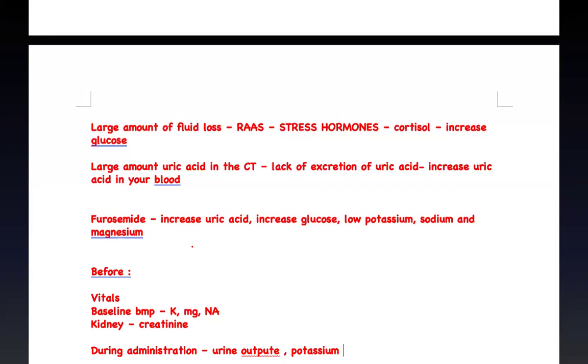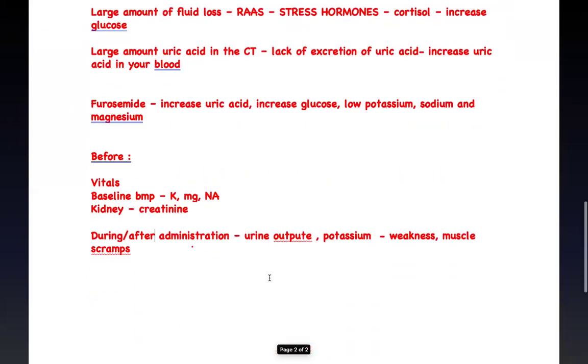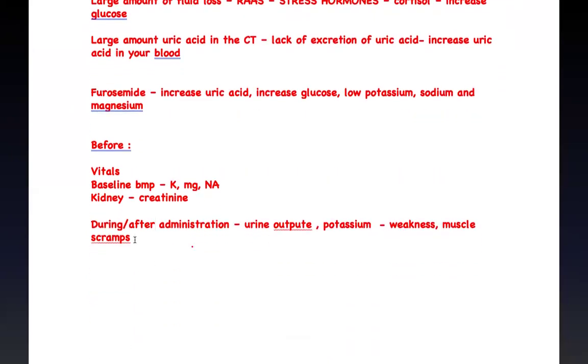Then you look for signs and symptoms of weakness and muscle cramps, during and after. All those things are very, very important because that's what your board may ask you. You look for signs of dehydration, like poor skin turgor, and hypotension.